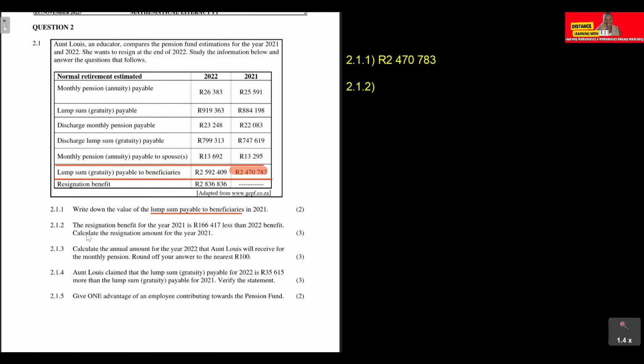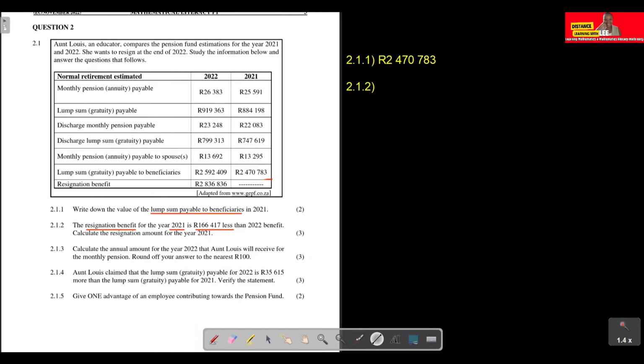Question 2.1.2 says the resignation benefits for the year 2021 is 166,417 less than 2022 benefits. Calculate the resignation benefits for the year 2021. Okay, so with this question, we are focusing on the resignation benefit column.